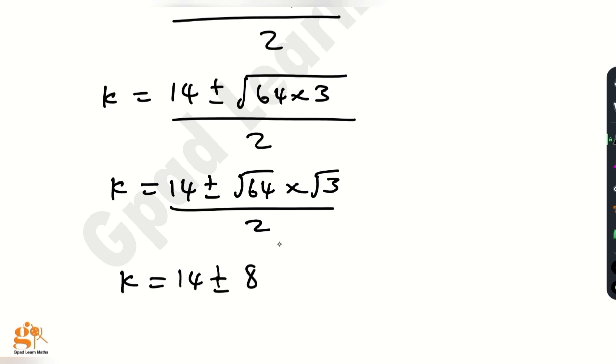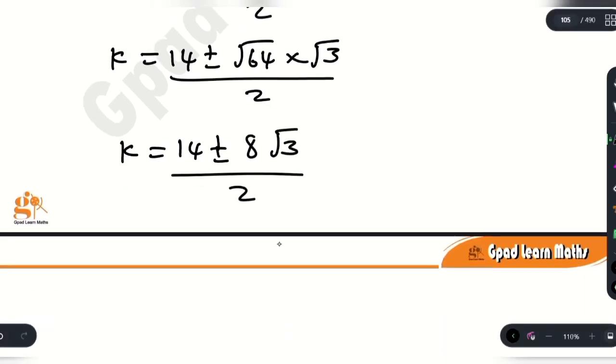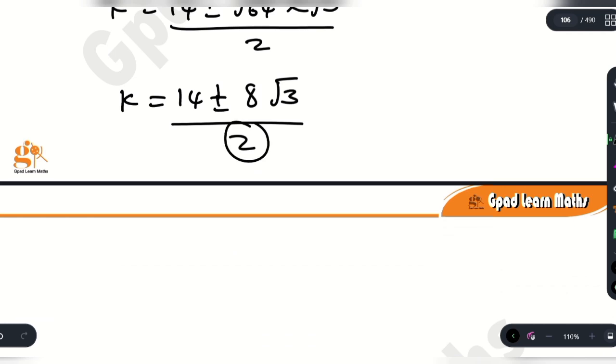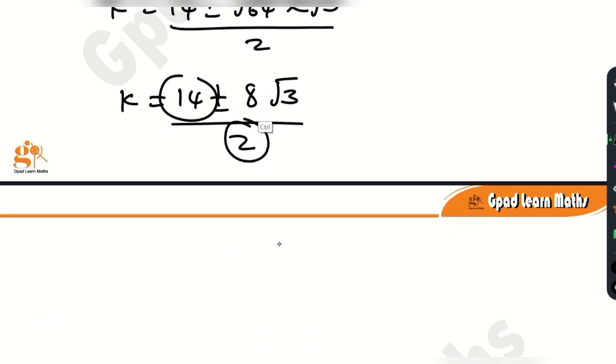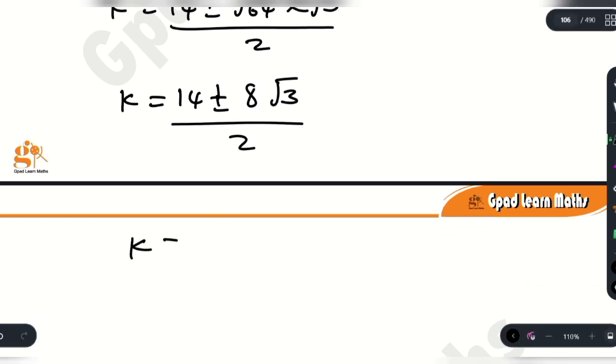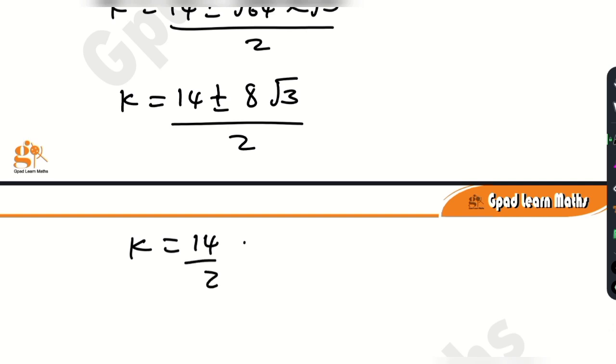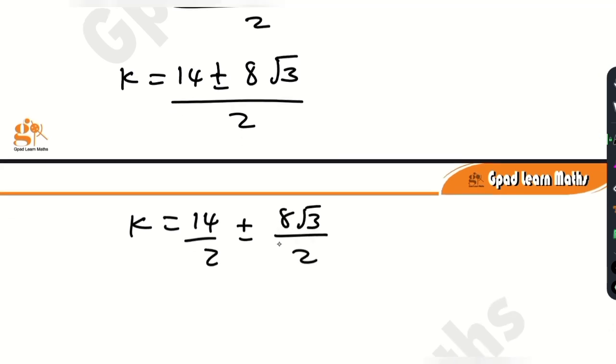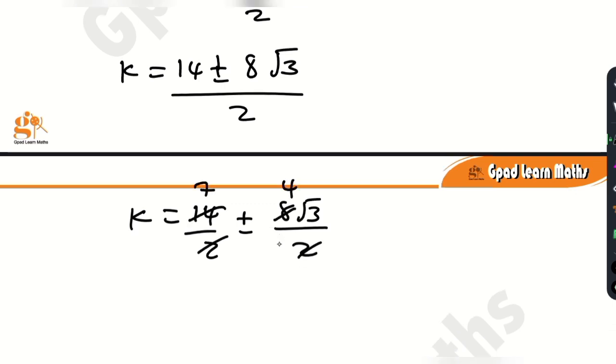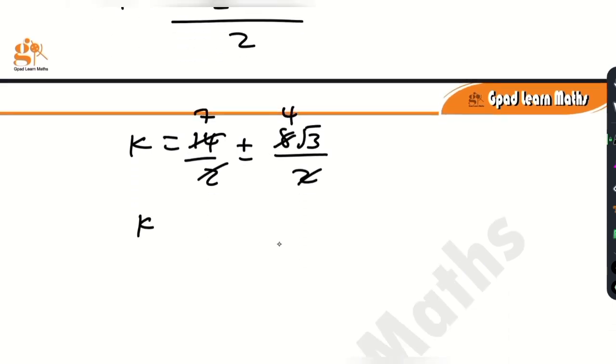So 8 root 3, all divided by 2. Now, I'll use this 2 to divide 14 and 8 root 3. So I'm going to have k is equal to 14 over 2 plus or minus 8 root 3 over 2. So 2 goes into 14, you have 7. 2 goes into 8, you have 4. What do you have finally as the value of k? k is equal to 7 plus or minus 4 root 3.